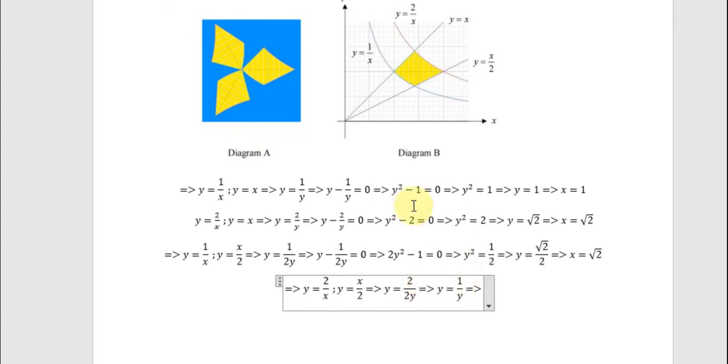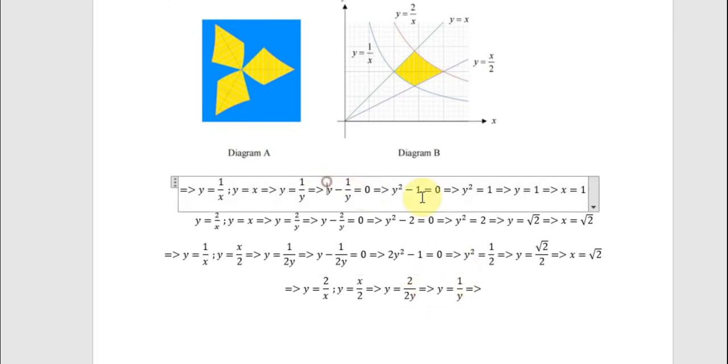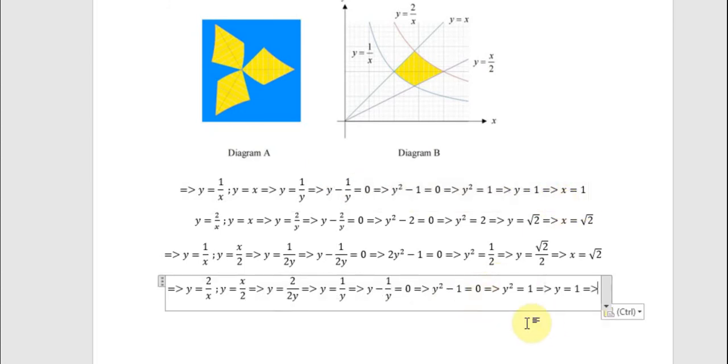This is similar to this one, so I just copy. y equals 1 in here, so that s equals 2.